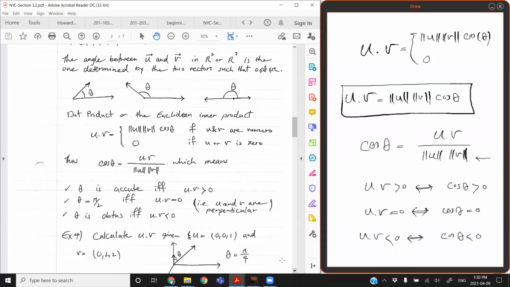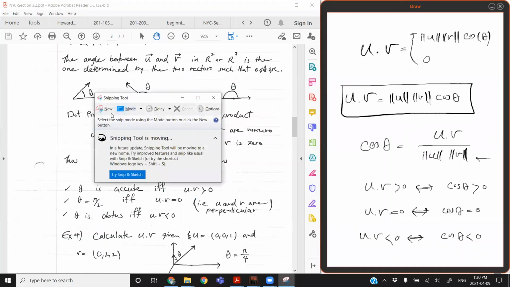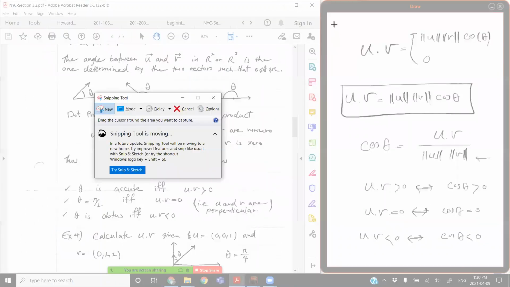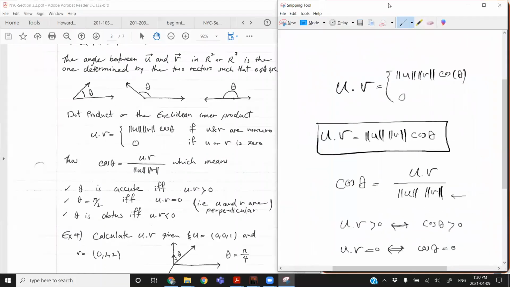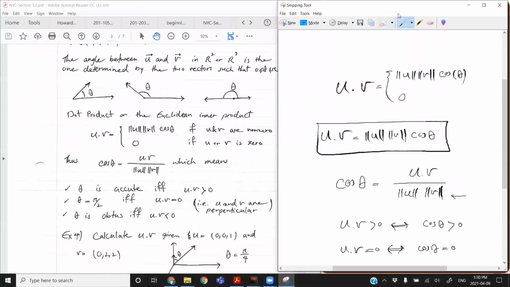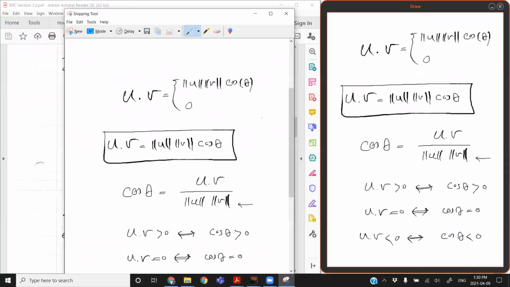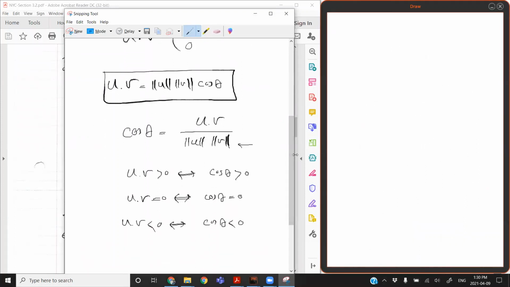Okay. Now, what does this tell us? How can this observation help? I'm going to remind you of the unit circle.